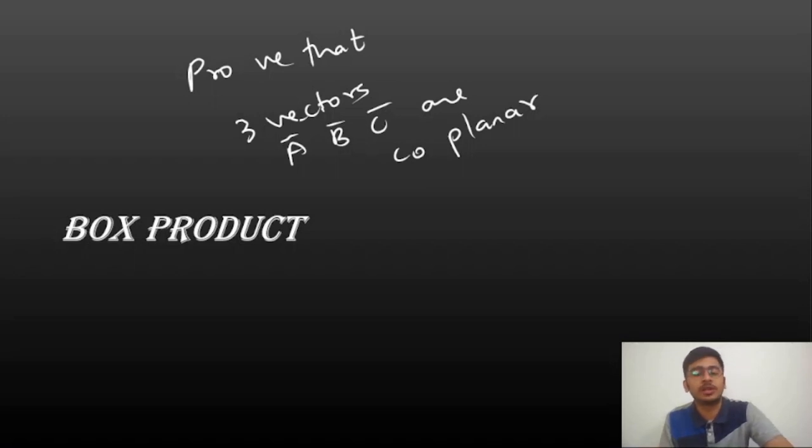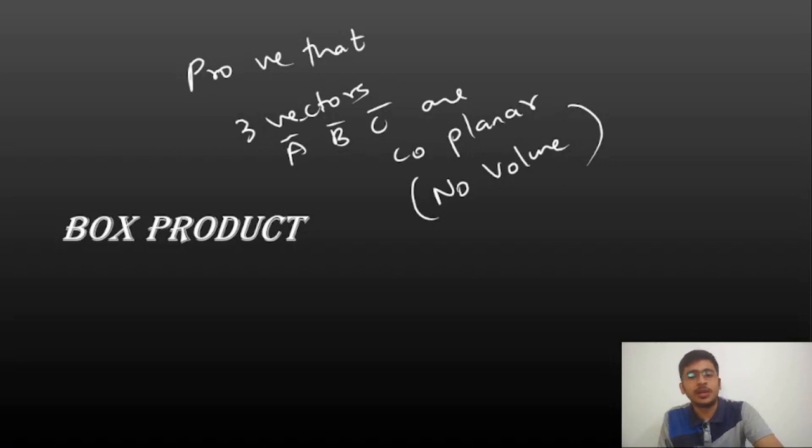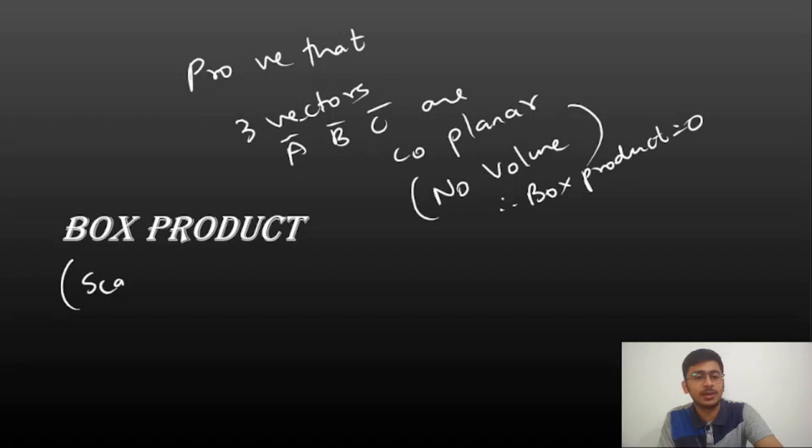Well, simple: if their box product is zero, then they are coplanar. No volume. Correct. If it has no volume, that means they are coplanar. No volume, therefore box product is zero. By the way, box product is also called the scalar triple product.